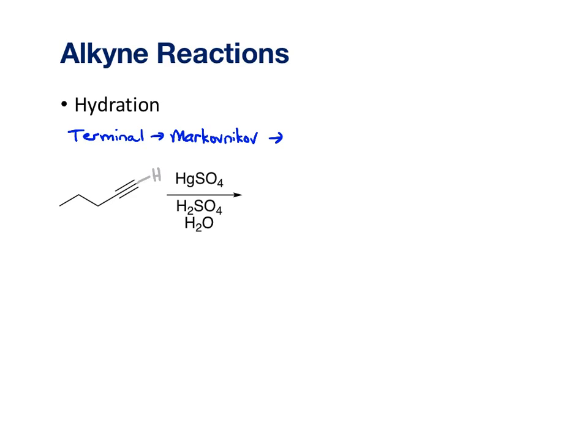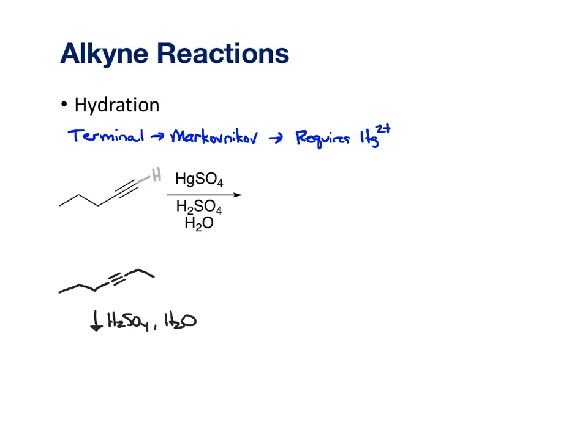That also requires the mercury catalyst, mercury 2. If you used an internal alkyne, maybe something like this, you could do the hydration with just H2SO4 and water. You don't need the mercury.